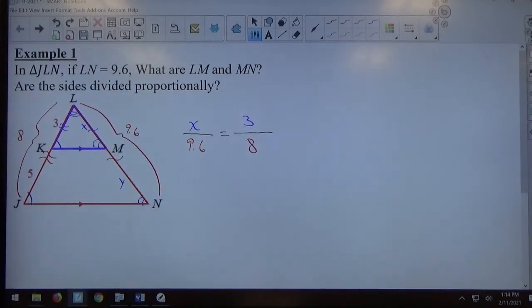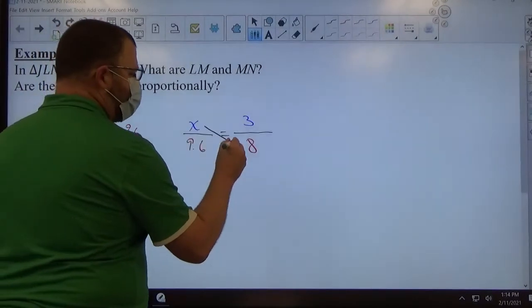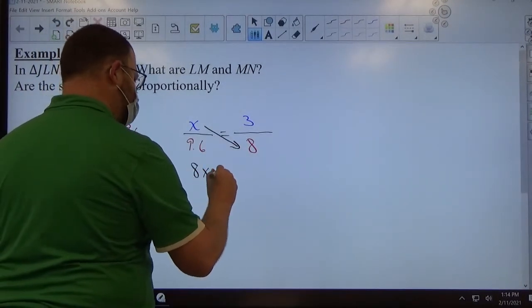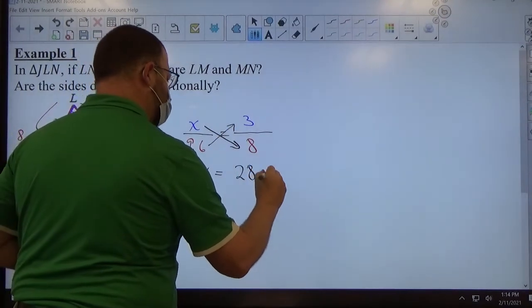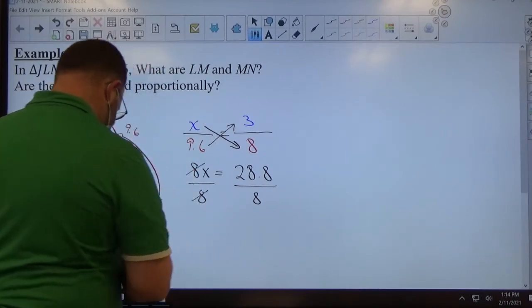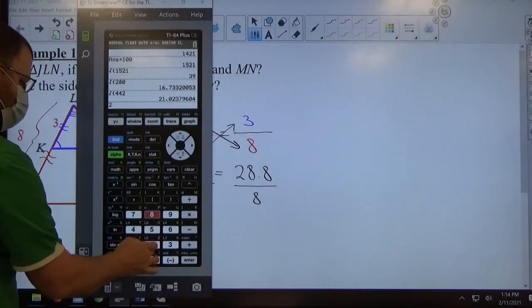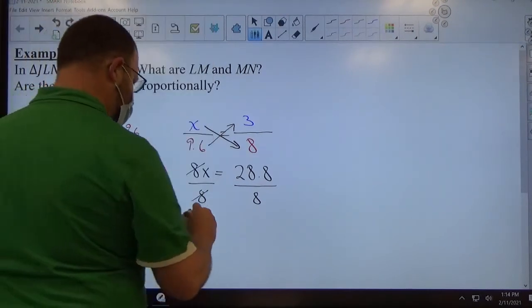And just like that, we can figure out what X equals using that proportion. So if I cross multiply, 8 times X equals 9.6 times 3. If I divide both sides by 8, I end up with 3.6. So X equals 3.6.